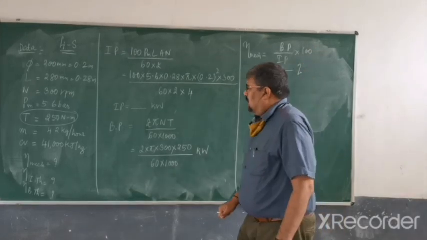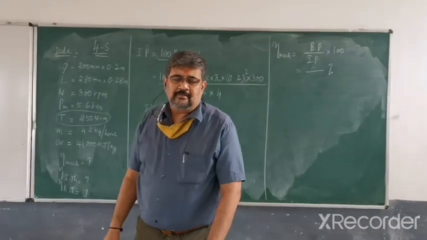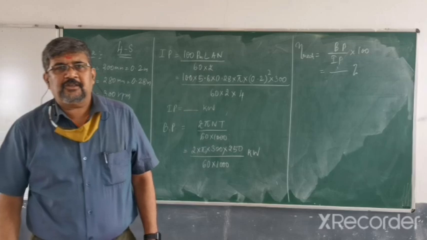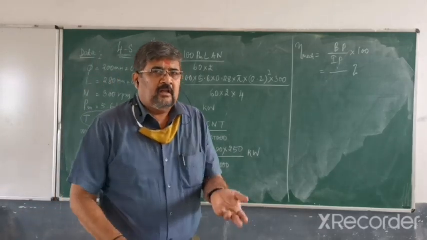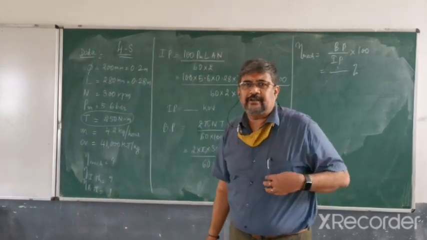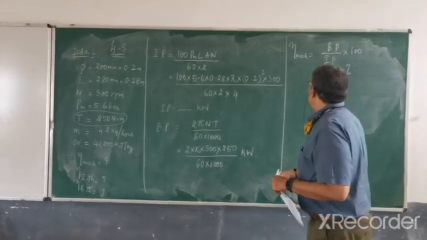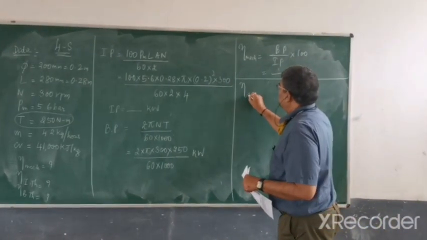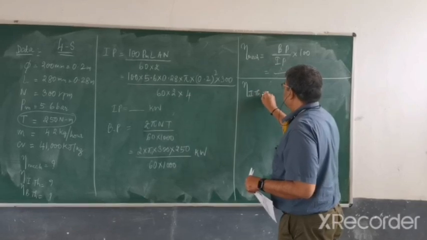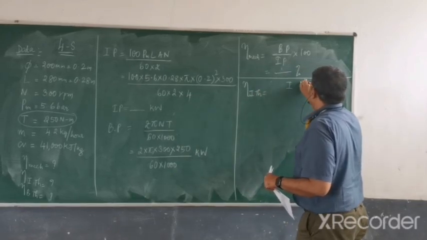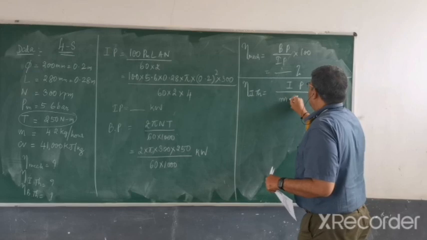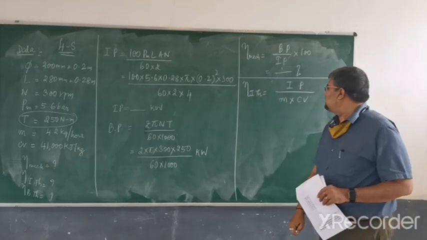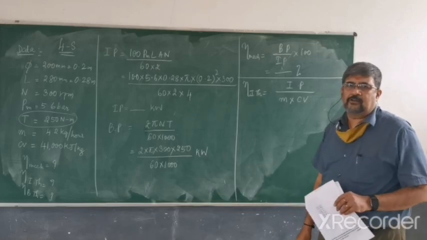Now the next thing we need to find out is the indicated thermal efficiency and brake thermal efficiency, and we also know the formulae that need to be used in order to find out these efficiencies. Suppose I want to find out indicated thermal efficiency. We know that it is indicated power divided by the specific fuel consumption into the calorific value.